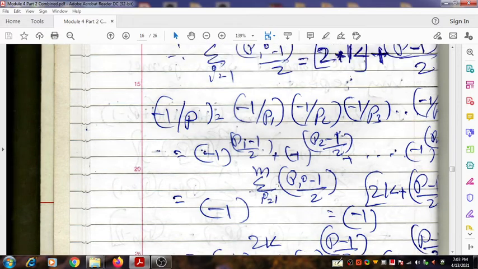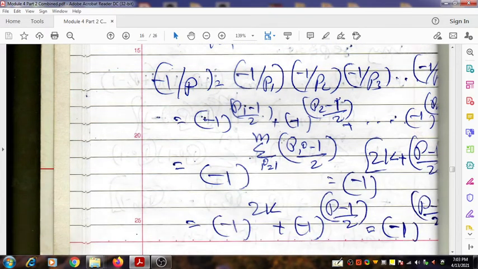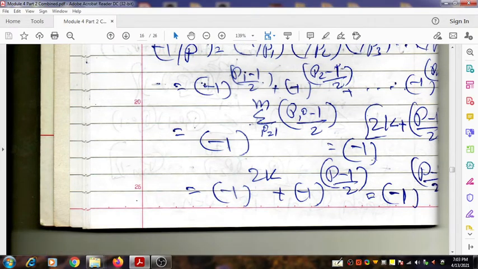Referring to the previous step, since this quantity equals 2k plus (p minus 1) divided by 2, you can replace this quantity by that equivalent and get minus 1 raised to 2k plus (p minus 1) divided by 2. Factorizing, that is minus 1 raised to 2k into minus 1 raised to (p minus 1) by 2.